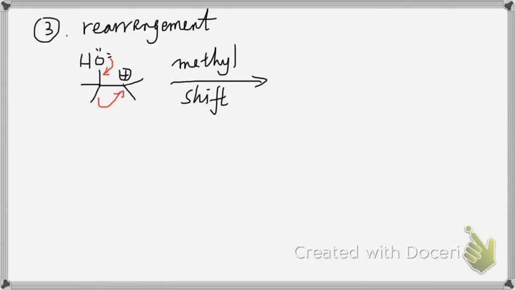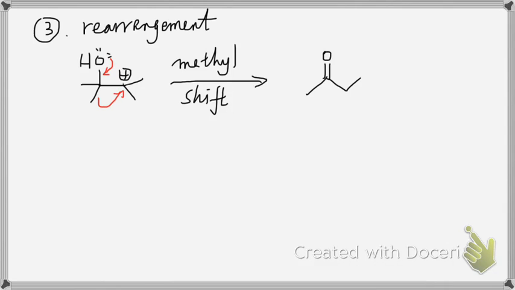At the same time, we have to break a bond on the carbon. So one of the alkyl groups attached to that carbon will migrate to the adjacent carbon that has the carbocation. In this particular case, we have a methyl group shift along with the pair of electrons in the carbon-carbon bond.